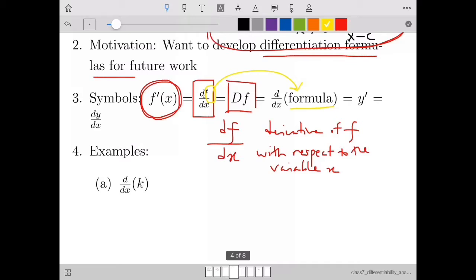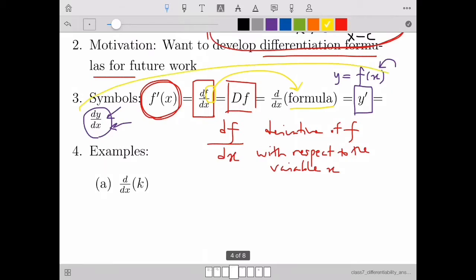Or since y usually is f of x, y is the output when we plug in input x to the function, so f prime of x is sometimes written as y prime, or it can be written as dy dx, the derivative of y with respect to the variable x. So all these mean the same thing, and we'll use this interchangeably.